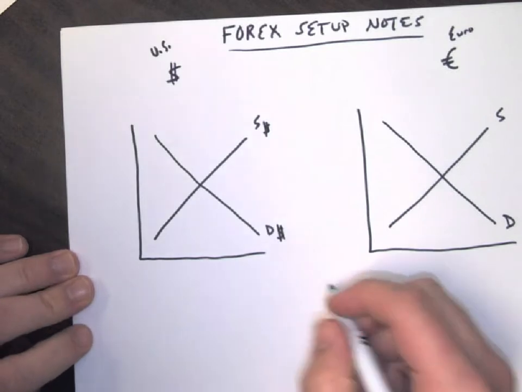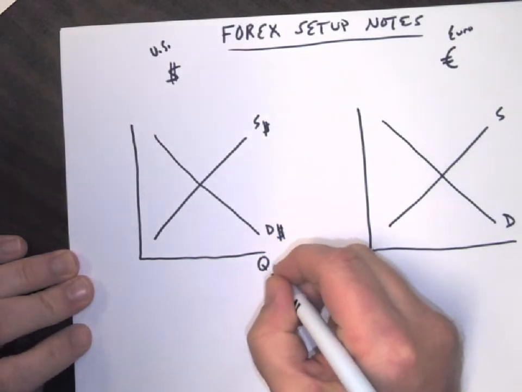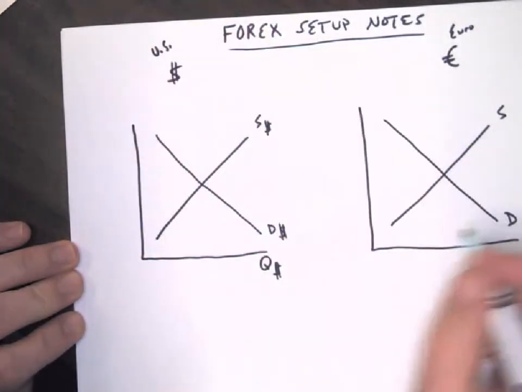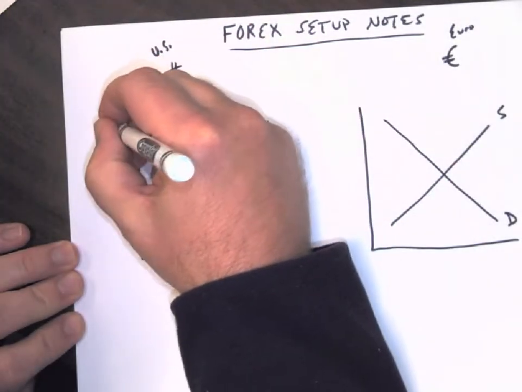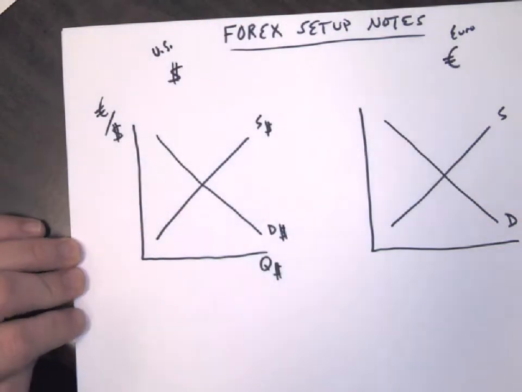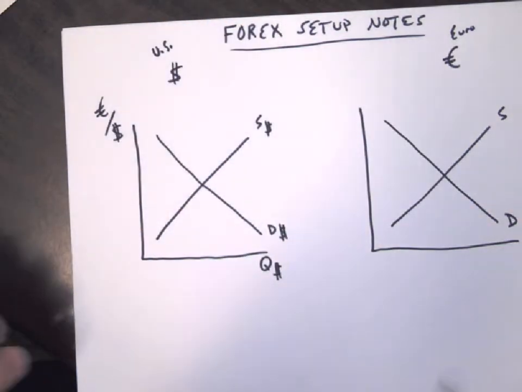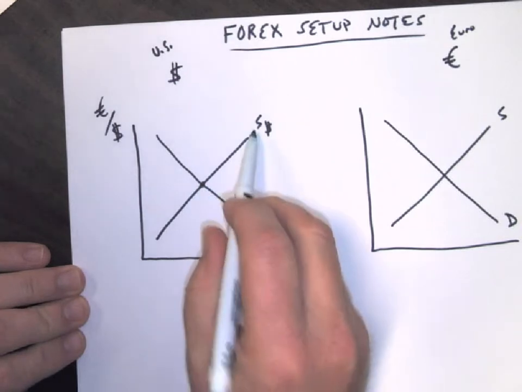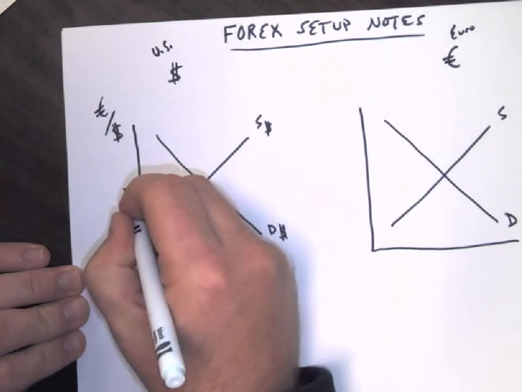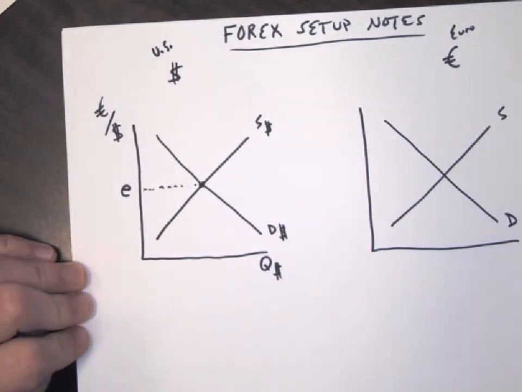And it's going to be the quantity of the dollar, and then it's going to be the euro divided by the dollar. Now, where these two cross, the supply of the dollar and the demand of the dollar, is where we're going to get our exchange rate, and that's what that E stands for.